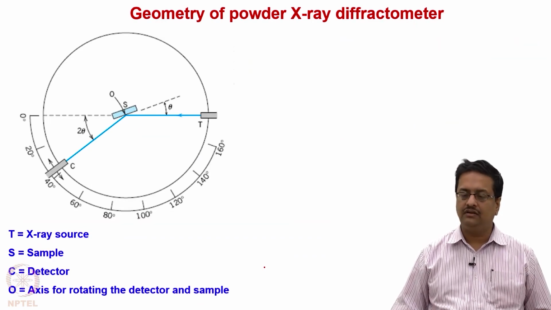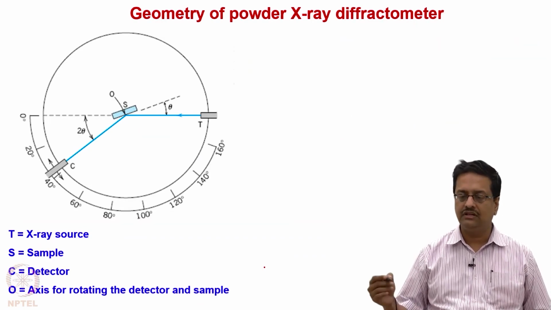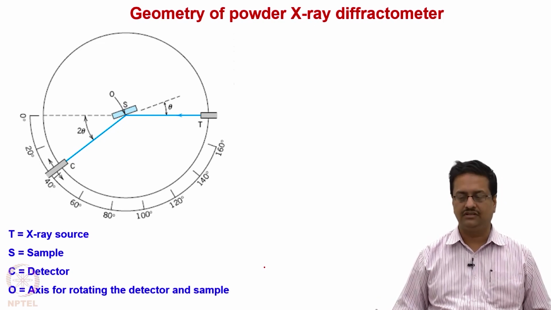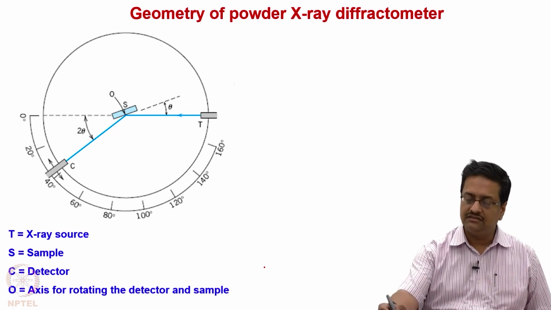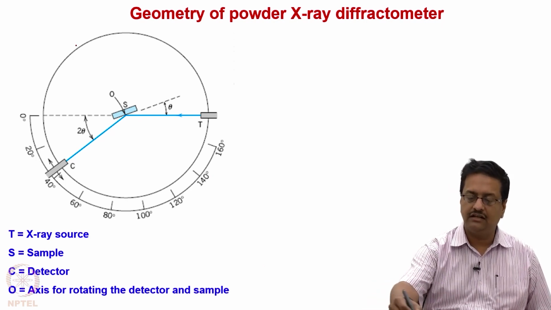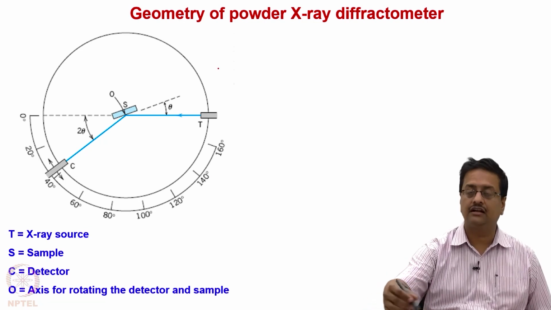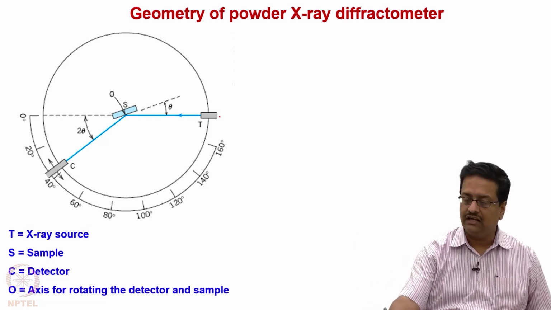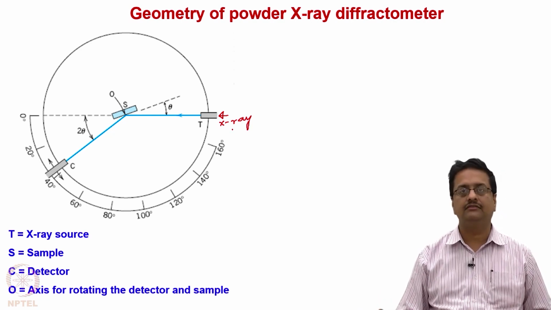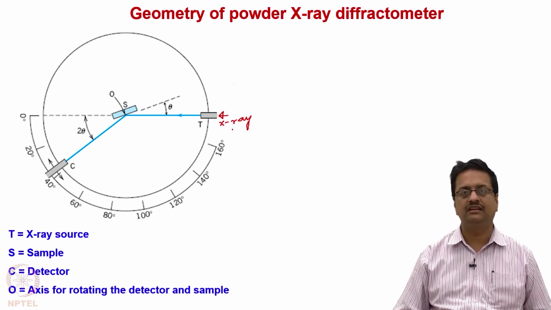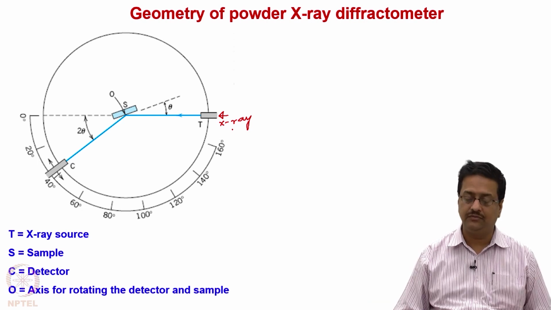So at this point I would like to draw your attention to the geometry of a powder X-ray diffractometer. The geometry is like a circle. This circle is called the circle of diffraction, where we have a source of X-ray at the point T. This can be any kind of X-ray source, like the sealed tube X-ray or microfocus or whatever we have learned before.